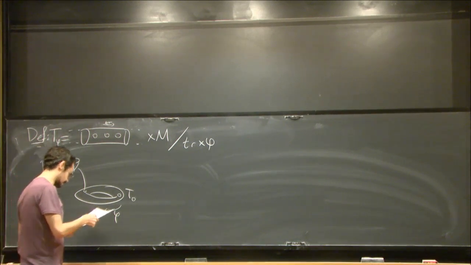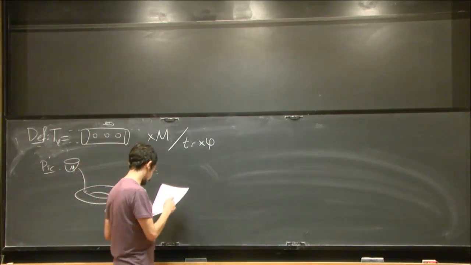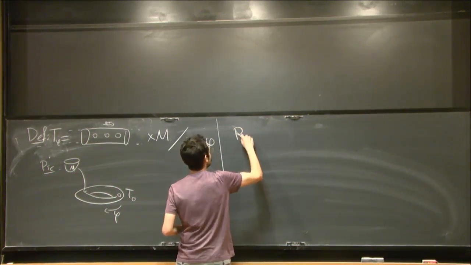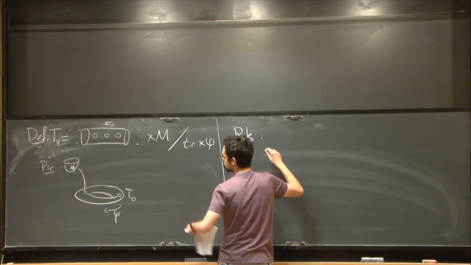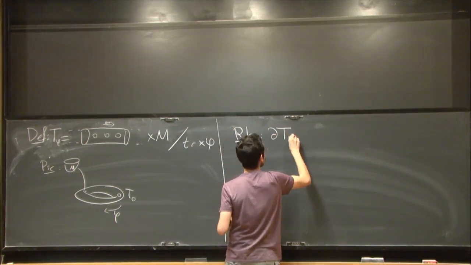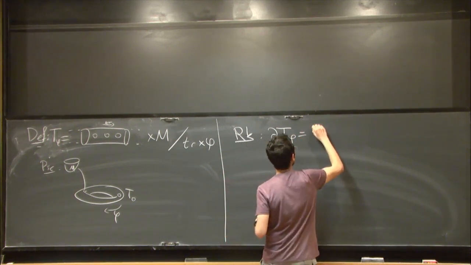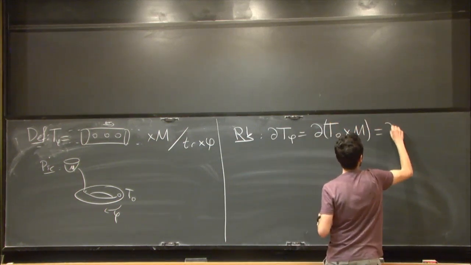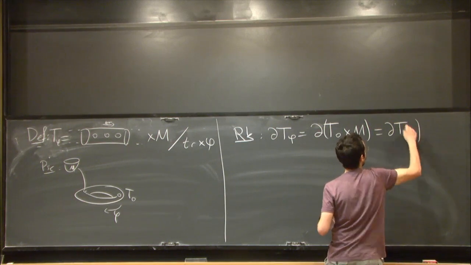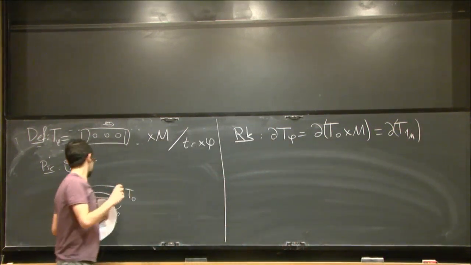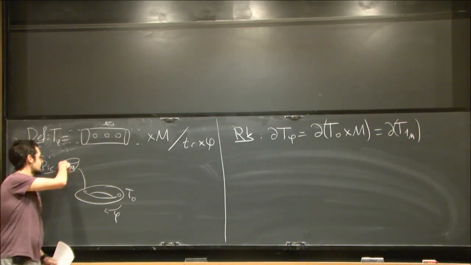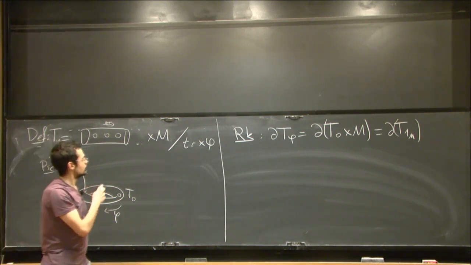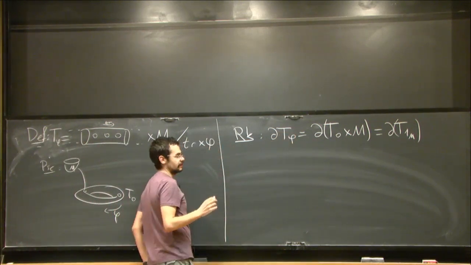First, let me give an easy remark. The contact boundary of this object is actually independent of phi. It's the same as the boundary of the product, or we can also see the product as the mapping torus of the identity of M. This holds because phi acts trivially near the boundary of M, and there is no monodromy near here, so the boundary doesn't see phi.